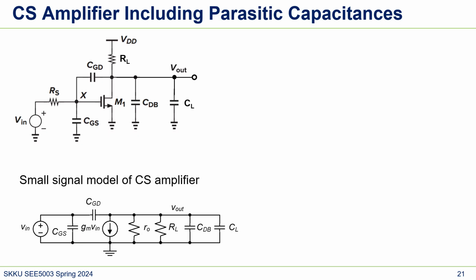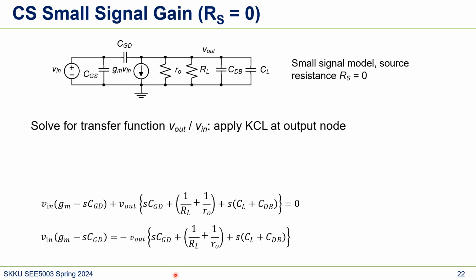V1, I mean Vin, and then we put CGS here, CGD here, and CDB here. Let's do the same calculation as before, just using KCL at the output node. This will be a little lengthy calculation.